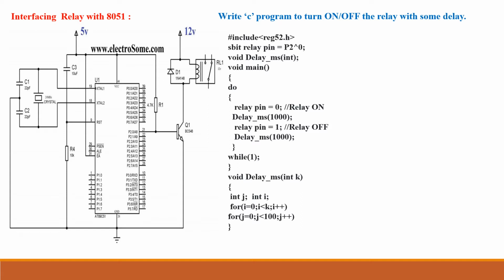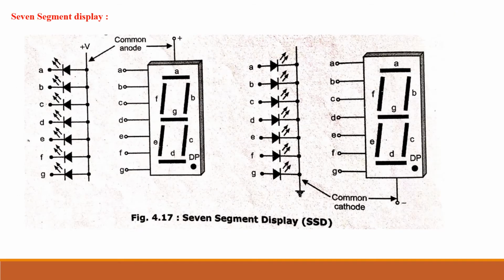Also define a delay circuit, and then you write the main program. This relay pin gets on and off with some delay. The delay defined here is 1000 milliseconds. Again, after writing the main program, we define a delay circuit. In this way, a relay is interfaced with the 89C51 microcontroller.